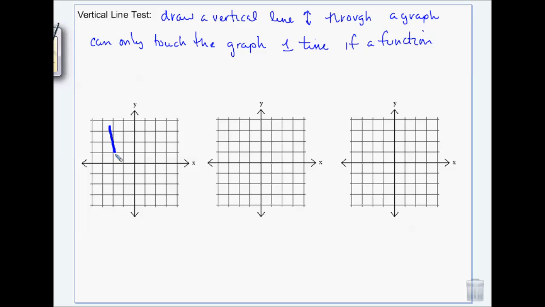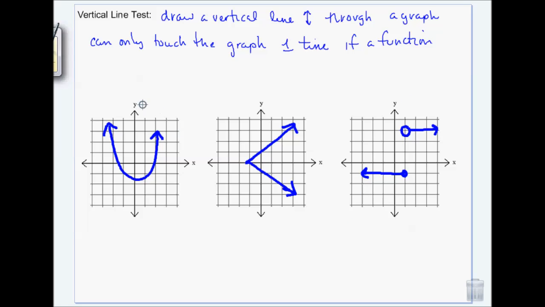So let's say I have a graph that looks like this. Maybe I have one that looks like that. And I can also have one that has an open circle and a closed circle. Okay.